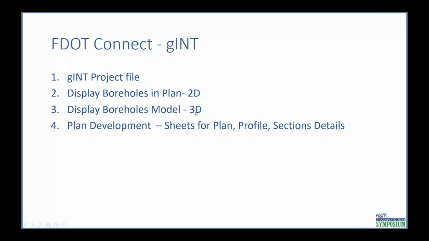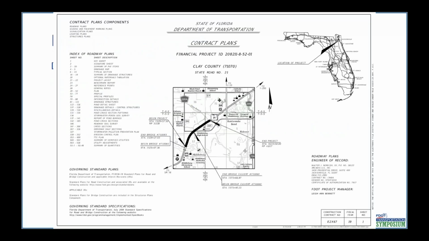Again, you can display them in a model. It is a two-step process within gINT. You have to display them in plan first, and then you can display them in 3D, but you don't have to draw them, it does it. And then from there, you can label them, you can show them on plans, in profiles, on sections if you need to.